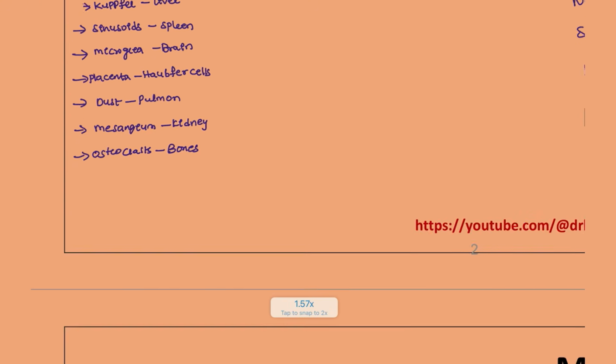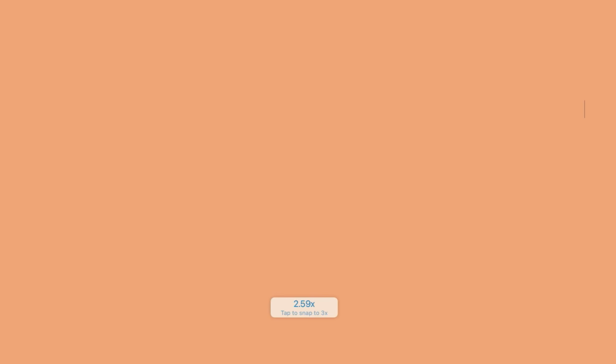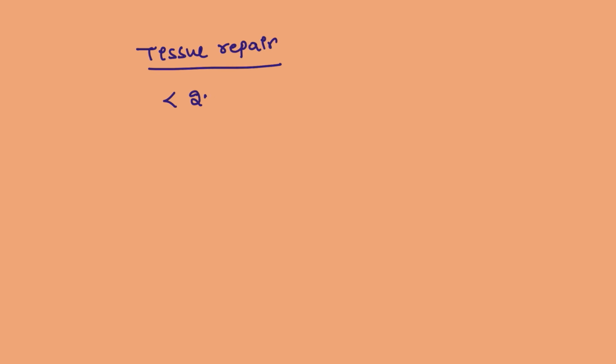Next, coming to the other points you can remember here is how granulation tissue repair is going to happen. So remember the timeline. Less than 24 hours, there is an inflammation, and obviously there are cells that will be going there, those are neutrophils.